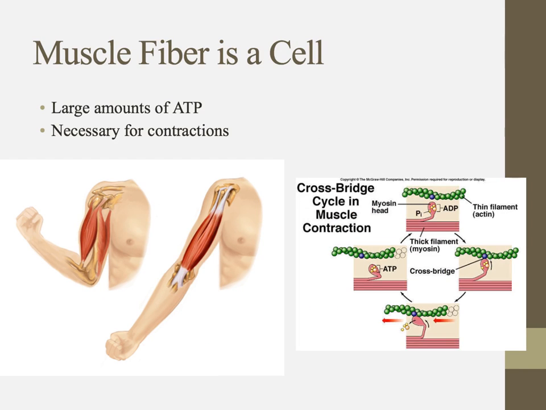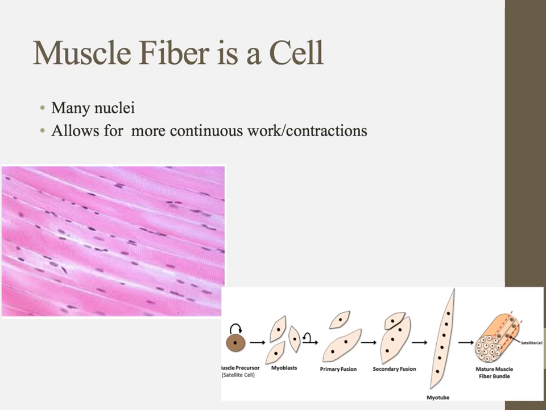As expected, muscles are going to have large amounts of ATP. That's necessary for contractions. We'll talk more about that later, but for contractions to take place, we need a lot of ATP. They're also going to have multiple nuclei. So when I'm looking at a picture of a muscle cell, a single cell is going to have multiple nuclei.